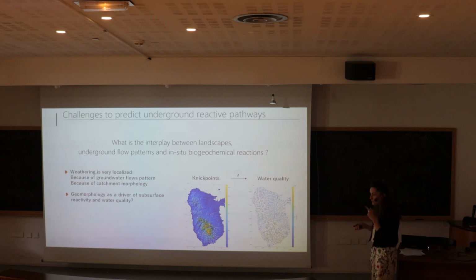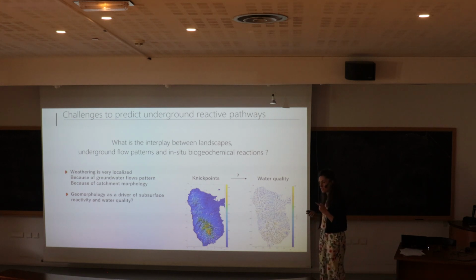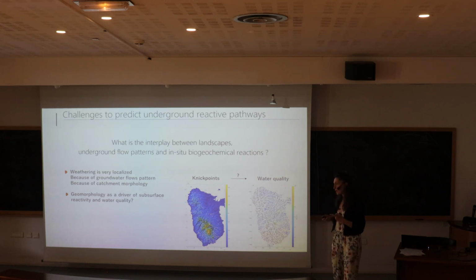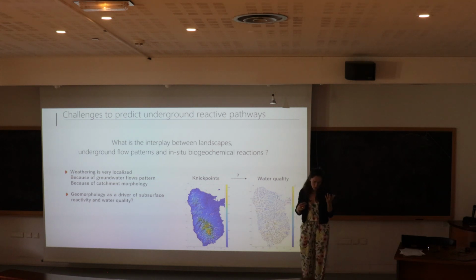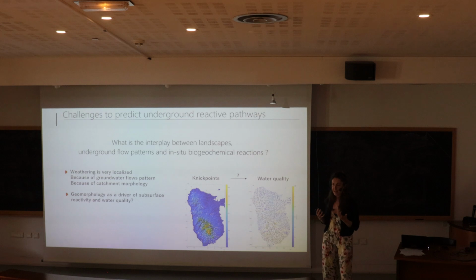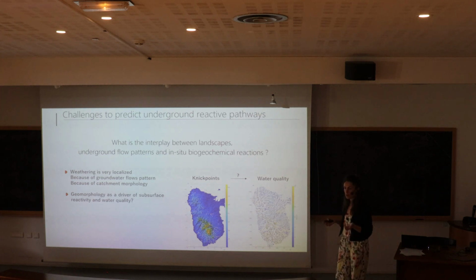Something interesting is, do we expect the upper layer to have a higher or a lower conductivity? This has been debated for a long time, because in basalts you need fractures to get some flow, but the weathered zone, if it's clays, is also considered to have a very low hydraulic conductivity.